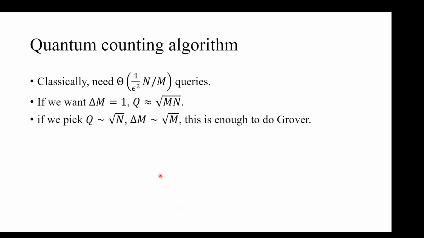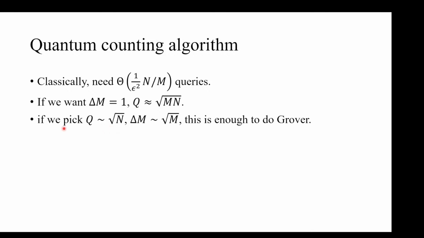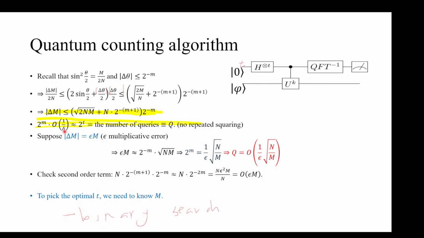In this case you will get your delta n is actually a little better than constant epsilon. So you pick q equal to square root n, and delta n will be order square root n. Then you can show that this is square root n.